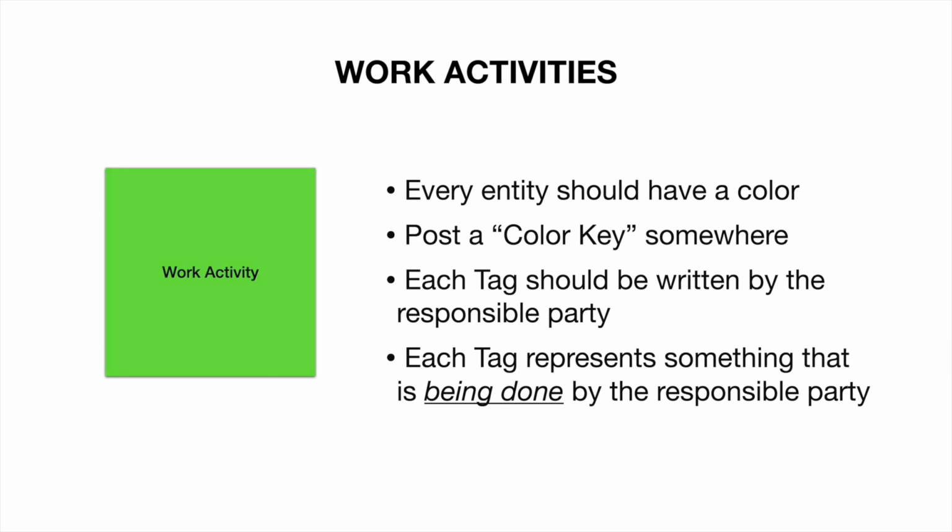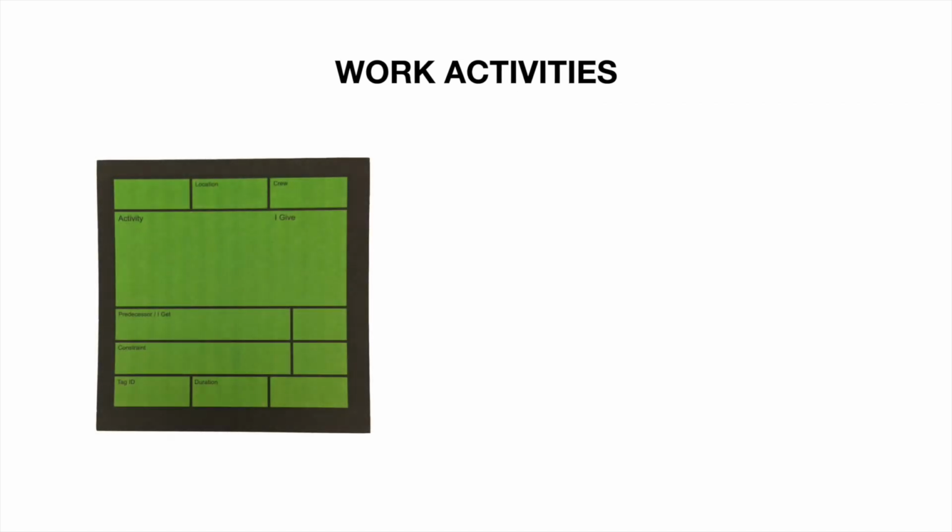As an example, here's a typical tag format. The main area is for the activity itself, what someone is doing, building, deciding, approving, inspecting, etc. It should have a noun and a verb: pour concrete, approve plans, run conduit, finalize lobby design. And they should be written so anyone can understand what's happening with that tag.